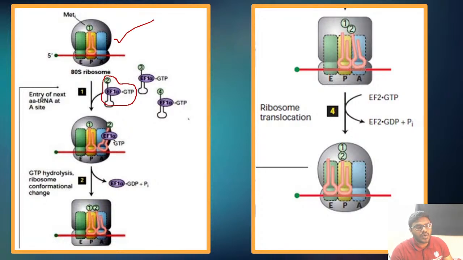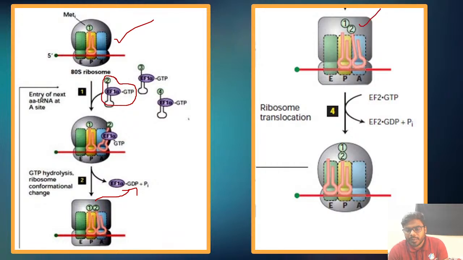Later what is going to happen, friends? The peptidyl transferase enzyme present in the large ribosomal subunit will cut the amino acid present on the tRNA at the P site and add it to the amino acid present on the tRNA of the A site. There is a condensation or loss of water, formation of a peptide bond.